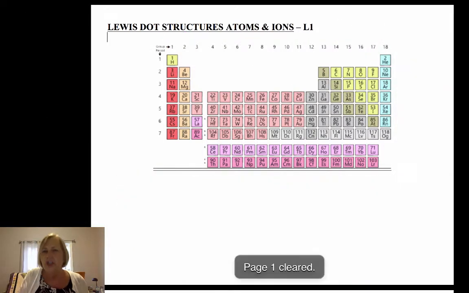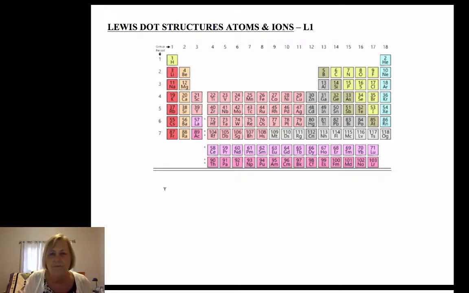Okay, I want to do a few more of these just to make sure we have this down. Let's take a look at aluminum. Aluminum has 3 valence electrons, and I put them in unpaired before I pair them. When aluminum becomes an ion, it loses those 3 valence electrons.